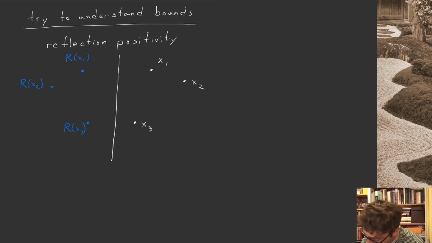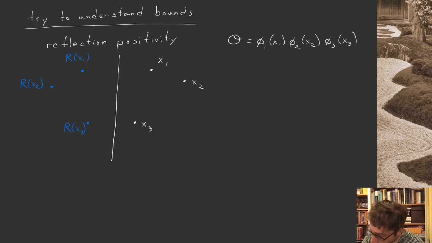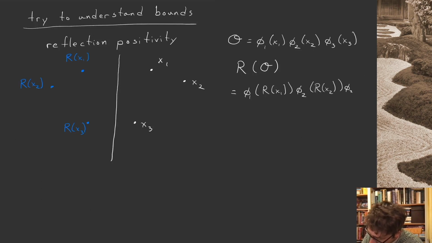So if I have some composite operator, let's call it calligraphic O, which is a product of phi 1 at x1, phi 2 at x2, phi 3 at x3, I can also think about the reflection of that operator, where I insert all of those points on the other side of the plane. So this would be phi 1 of r of x1, phi 2 of r of x2, and phi 3 of r of x3.